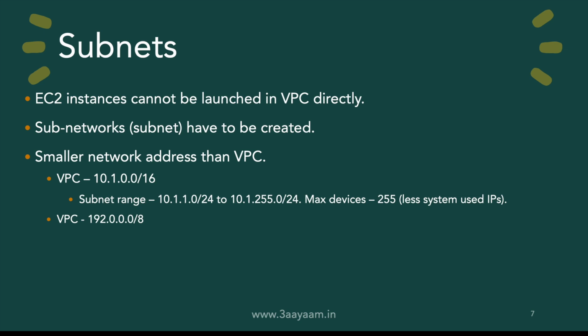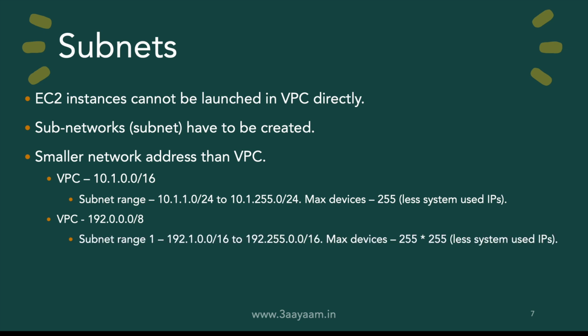Then let's say the VPC address is 192.0.0.0/8. The subnet range can be 192.1.0.0/16 to 192.255.0.0/16, and maximum devices can be 255 times 255 because we have the last two octets available in this subnet.